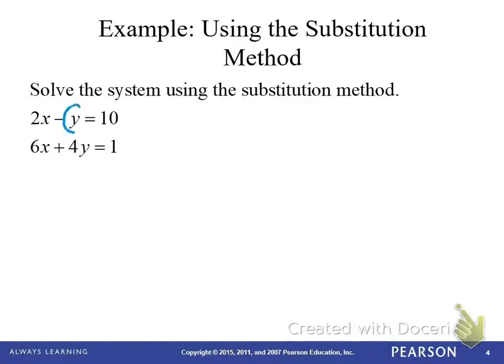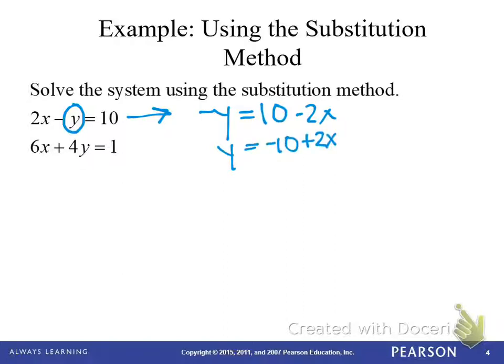In this case, it looks like y is going to be the easier variable to solve for between the two equations. So solving for y, I would have negative y equals 10 minus 2x. And then when I go in to get rid of the negative, I would have y equals negative 10 plus 2x.